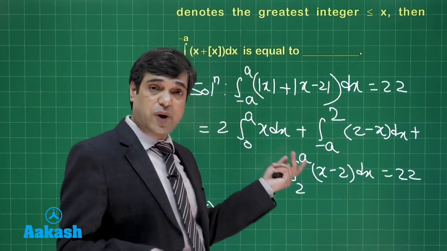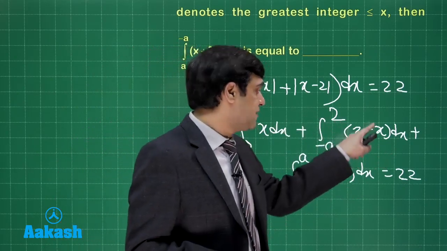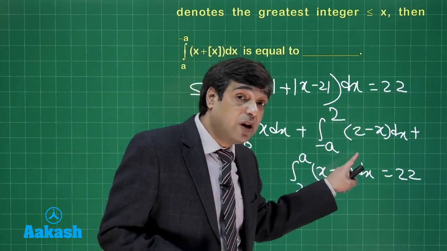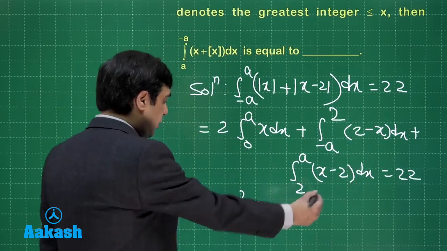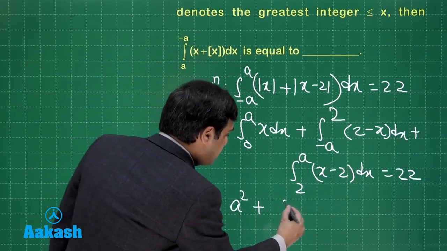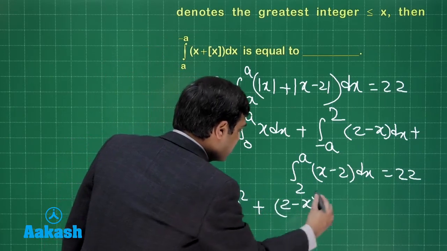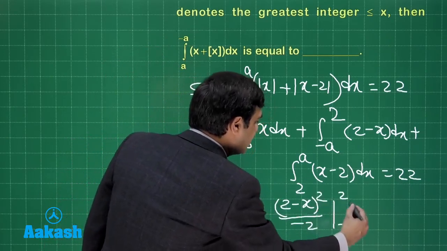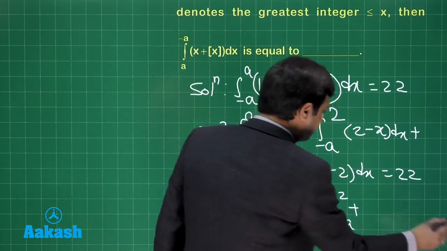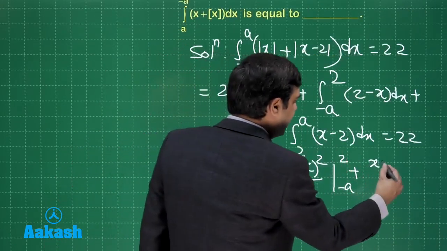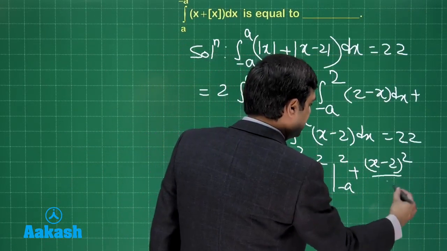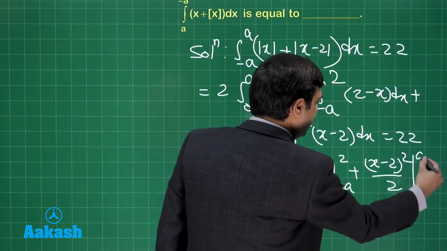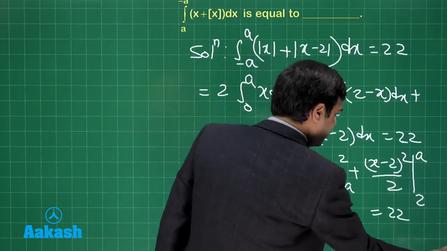You can write it as (2 minus x) whole square upon minus 2 within the boundary minus a to 2, plus next is (x minus 2) whole square by 2 within the boundary 2 to a. This is equal to 22.